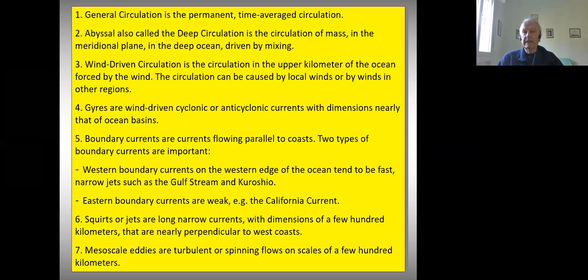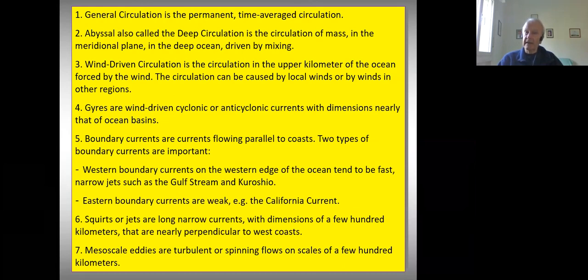Then we have abyssal circulation, also called deep circulation, which is the circulation of mass in the meridional plane in the deep ocean, driven by mixing. As I told you before, general circulation at the surface is generated by differences in temperature and salinity, which are determined by differences in evaporation minus precipitation and differential solar heating at different latitudes.